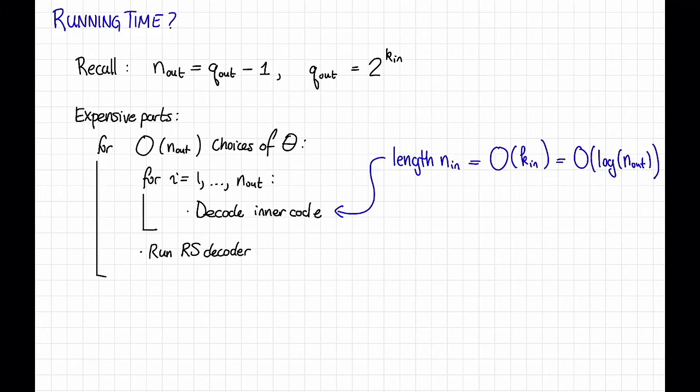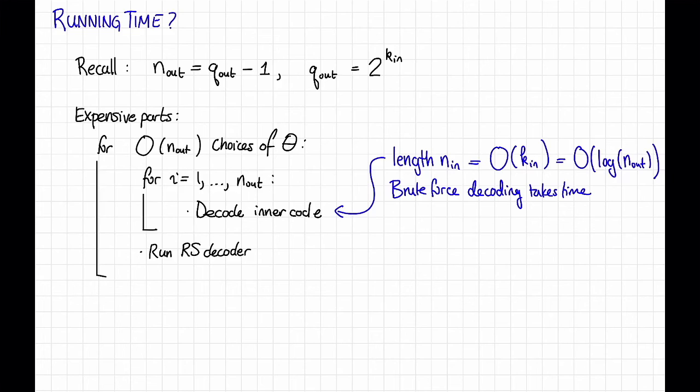So here we've chosen a Reed-Solomon code with n_out equal to q_out minus 1, and then our inner alphabet is just the binary alphabet, so we have q_out equal to 2 to the k_in. Okay, so then the length of this inner code is n_in, which is big O of log of n_out.